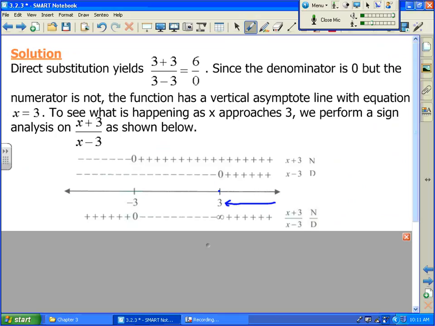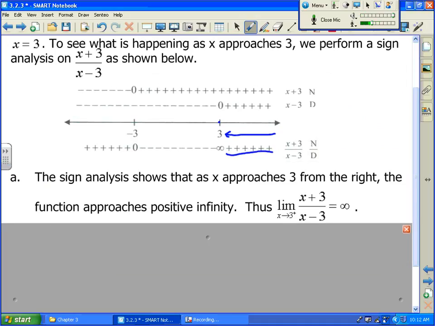Here's where your sign analysis helps you to determine what type of limit you're approaching. On the right-hand side, I've got plus, plus, plus, plus, plus, so on. So when x approaches 3 from the right, we're going to be approaching positive infinity. It's very nice how the sign analysis tells me that.